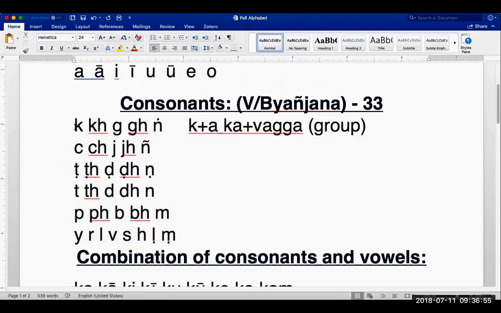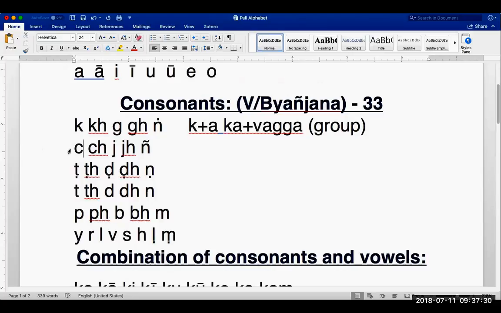So kavagga: ka, k, ga, g, ng. And this one: cha, ch, ja, j, nya. Especially for those who are not familiar with this, I'm sure they have some difficulties in pronouncing, so take your time and just try to pronounce.